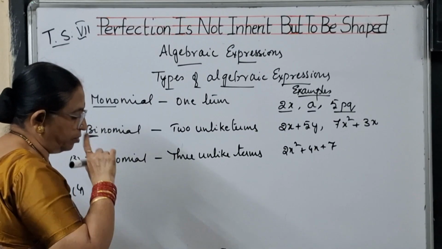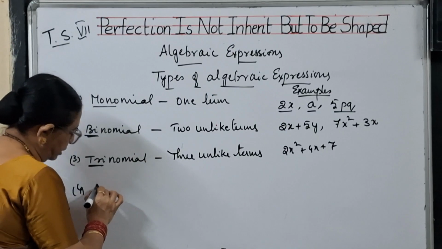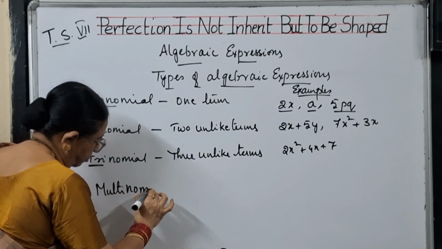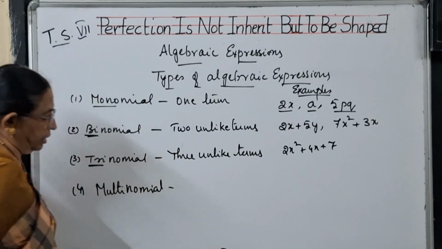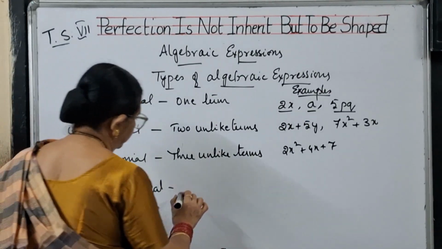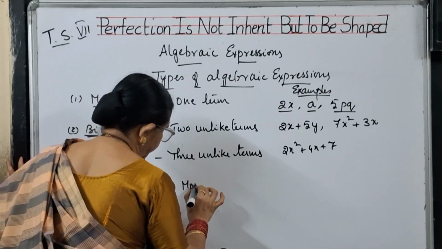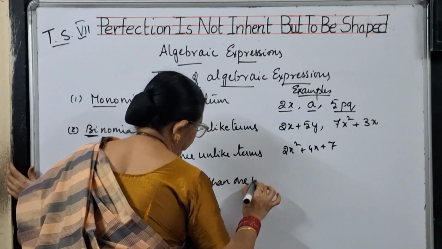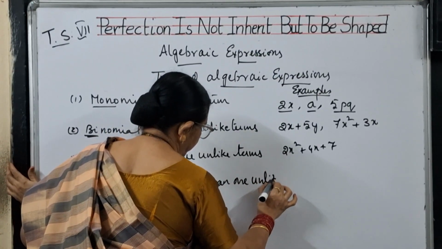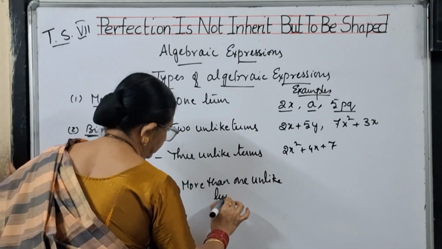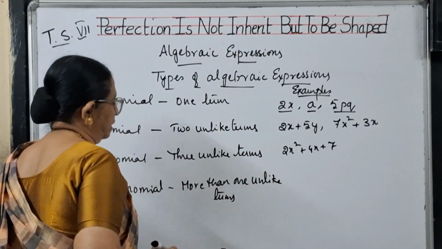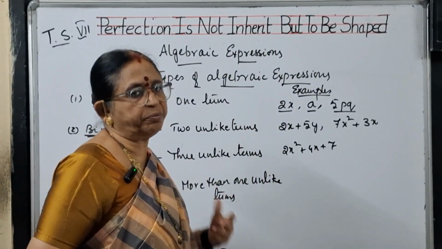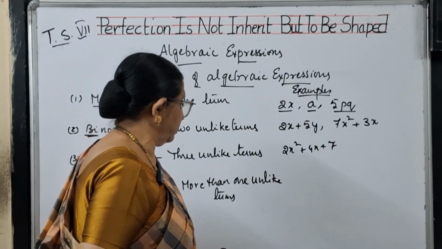And the fourth one is multinomial. Multinomial means what? More than one unlike terms. Actually these all also will come under multinomial, but 2 means bi, 3 means tri, we usually say.